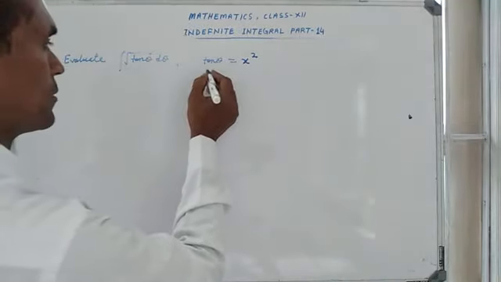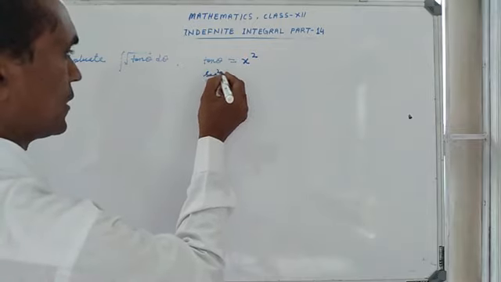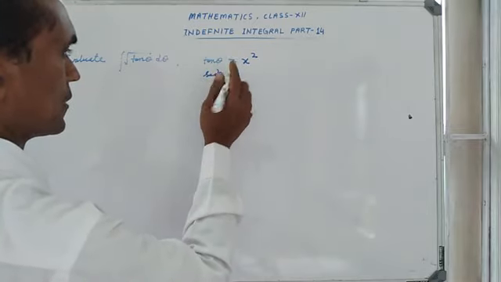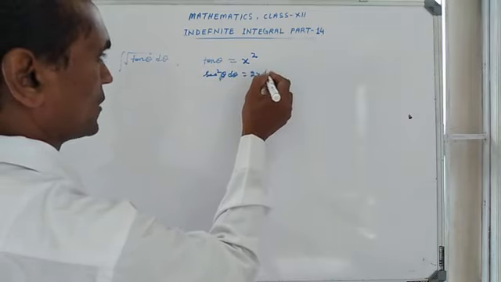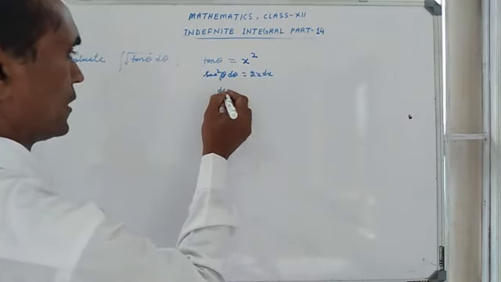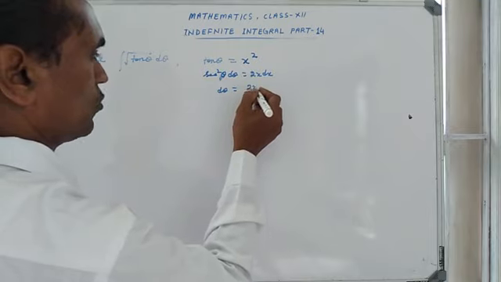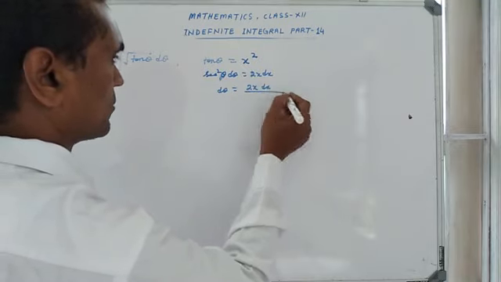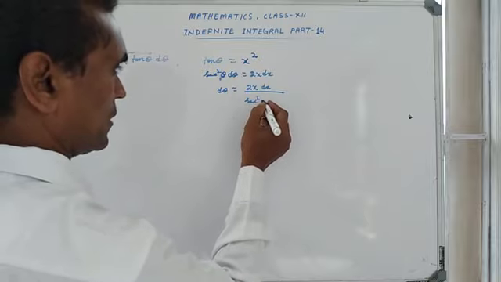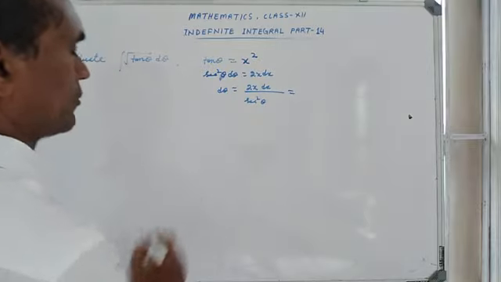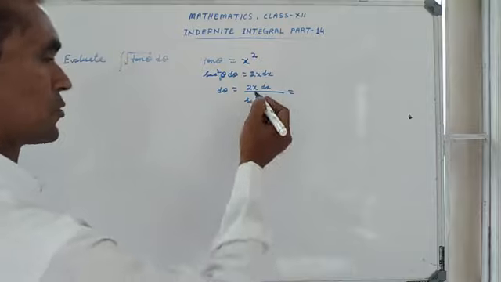So differentiating both sides, then sec square theta d theta equals 2x dx. Now d theta is equal to 2x dx by sec square theta. But we have to change it into x only.